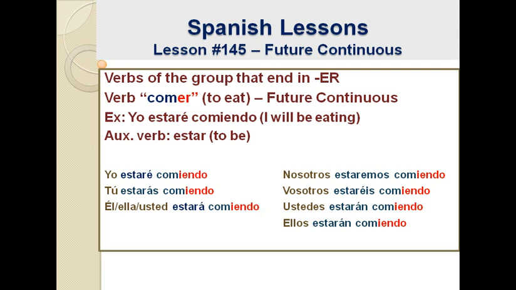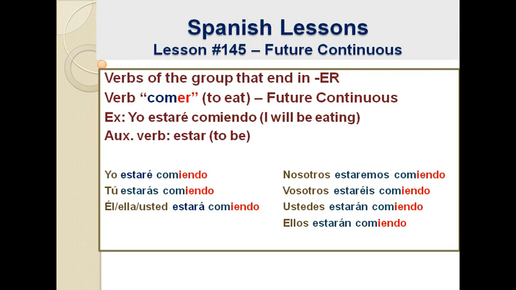So, of course, the ending yendo is different for this group than it is for the first group, okay? For the first group, the verbs that end with ar, the ending was ando, hablando.